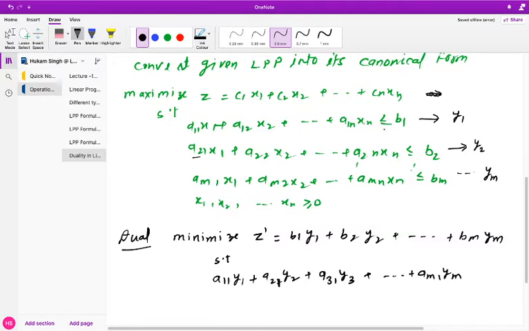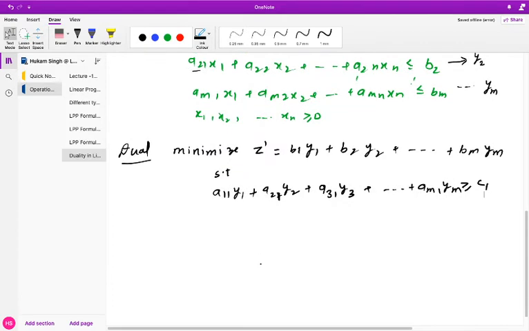Now since the primal contains less than or equal to, the dual will have greater than or equal to, and here instead of the resource, the cost will come, c1.